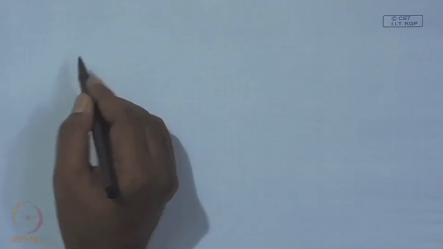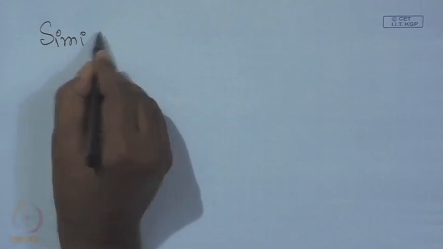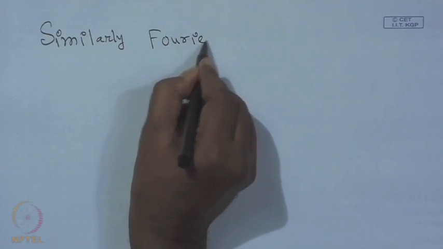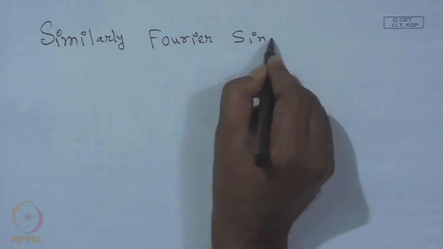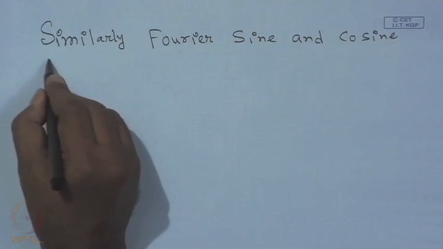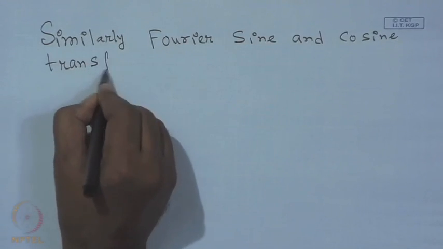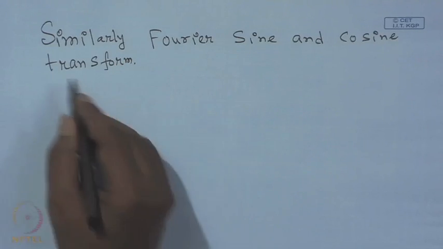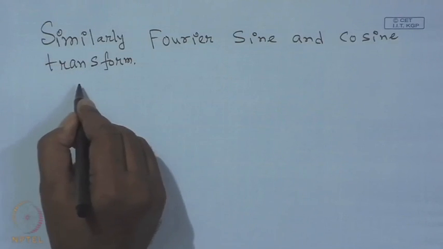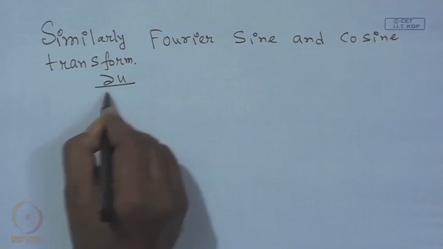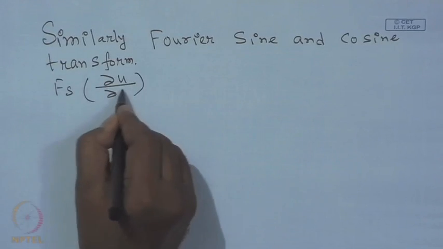Similarly, we can carry out the Fourier sine and cosine transformations, and it can be found out that for evaluation of the sine transformation and cosine transformation of del square u del x square, we can find the Fourier sine transformation of del u del x.